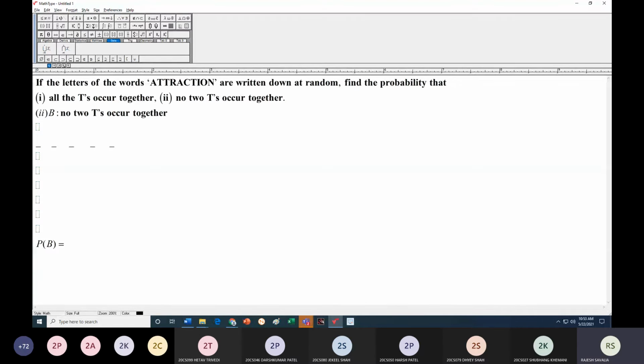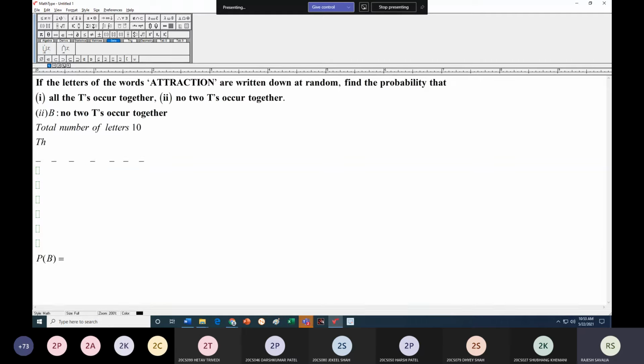One, two, three, 4, 5, 6, and 7. Look at it. How many letters are there? How many total number of letters? 10. Is equal to 10.